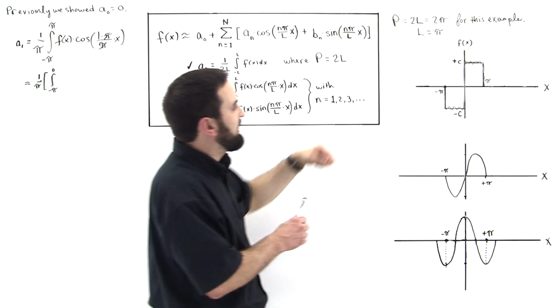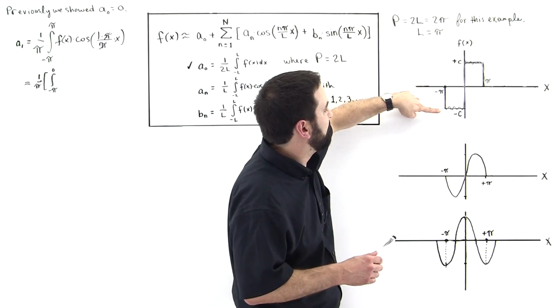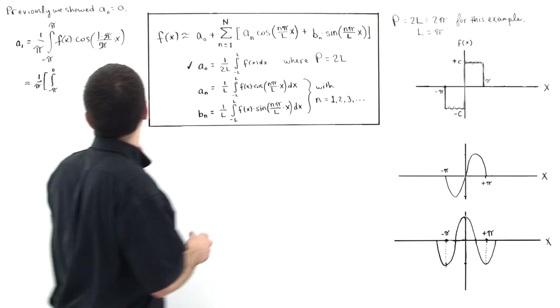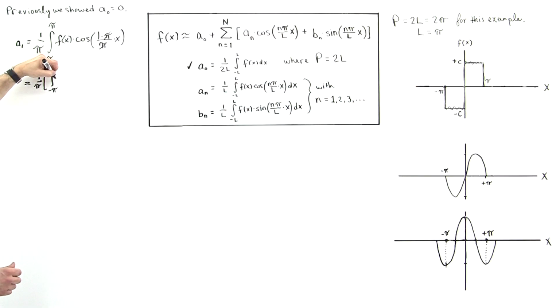From negative pi to 0, what is the function? The function's negative c. So let's put that in parentheses. Negative c times the cosine of x, because it's just 1 times x and the pi is canceled. And this is, let me clean this up a little bit.